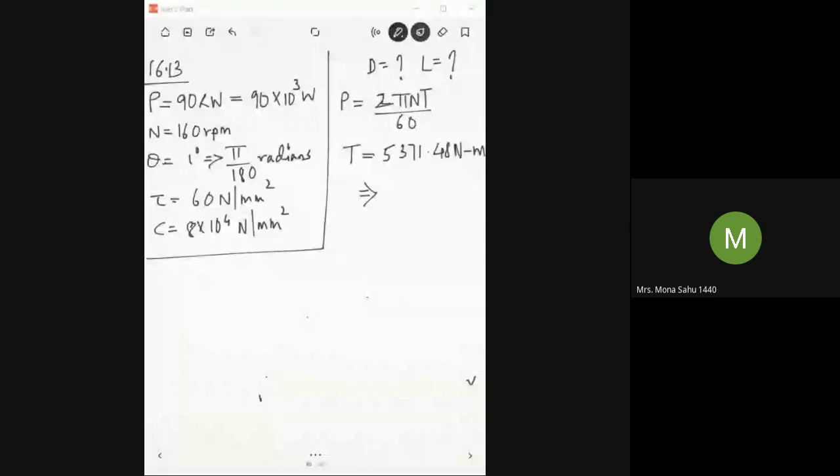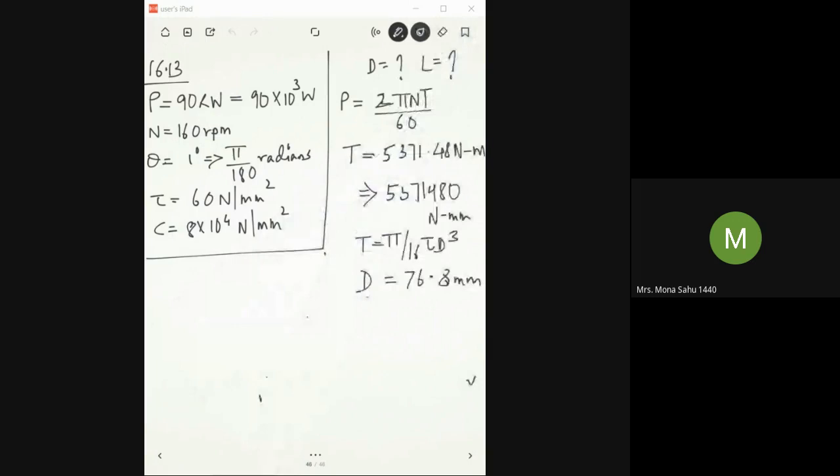So this has to be converted into mm. Okay. Now next is T is equal to pi by 16 D cube. So with this you can easily calculate what is D. Okay, I will not solve. You are going to get 76.8 mm.